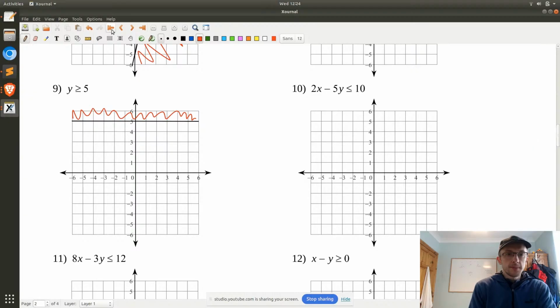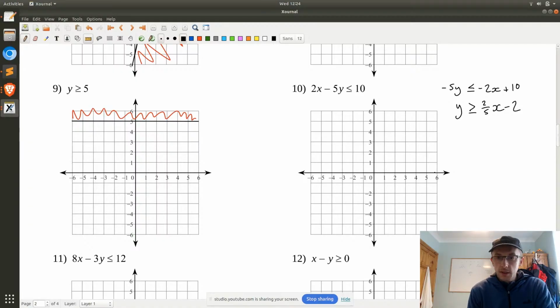Problem 10. Move everything over. Divide all by 5. Flip by negative 5. Flip the sign. Two-fifths of x, take 2. What does that look like?